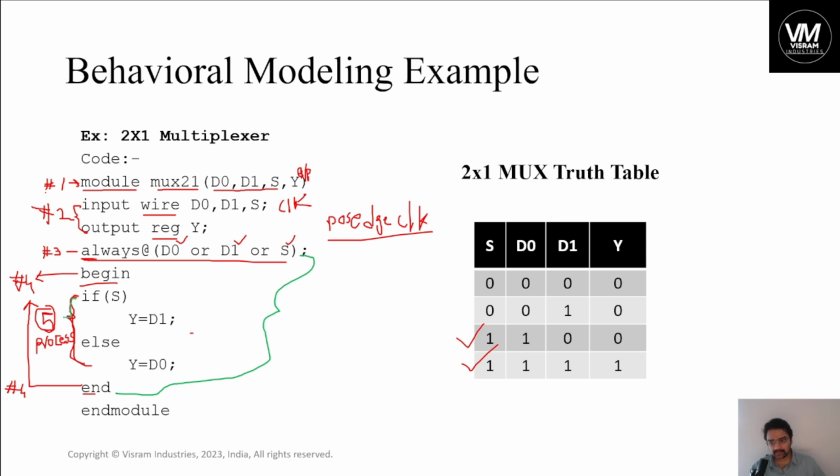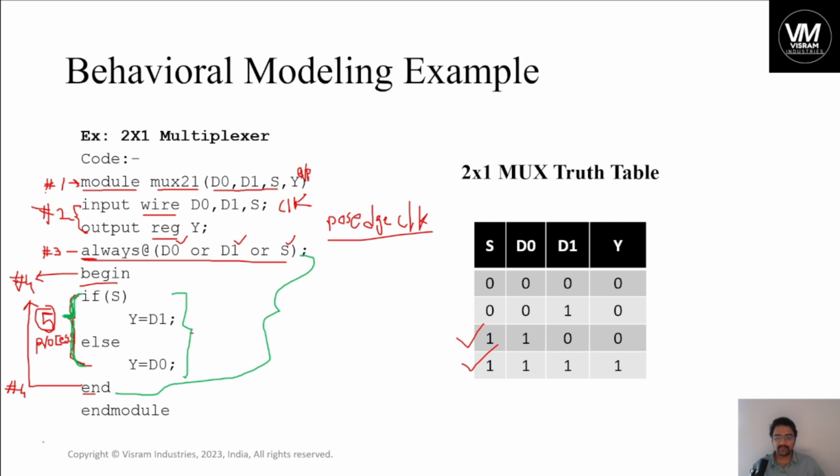This process block can be written with the definition of functions or by loops. So this is one loop statement: depending on the condition, if this, go to this, and else go to this.